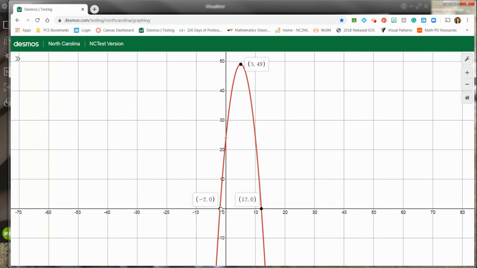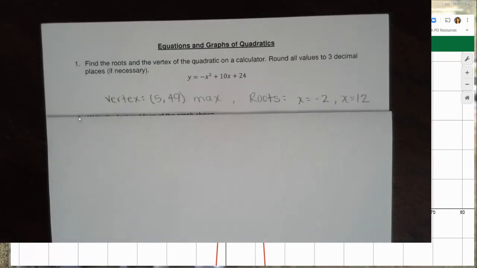It is also possible that they might ask you for the coordinates. If that's the case, then this is exactly what I would put in: (-2, 0) and (12, 0) for the value of the roots. So that's how I would find these answers for question number 1.